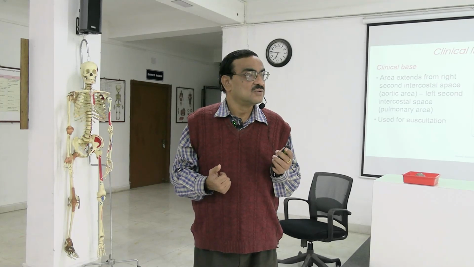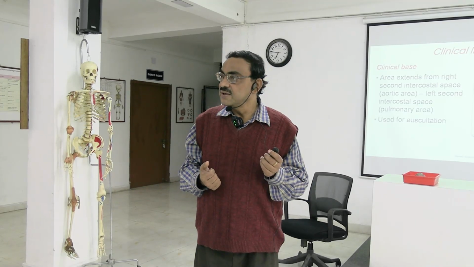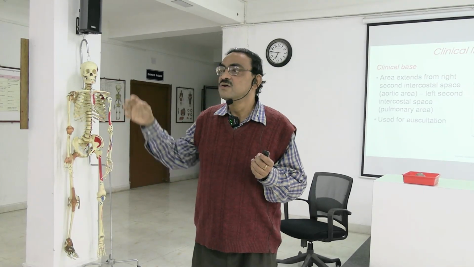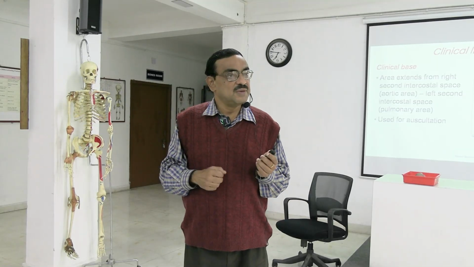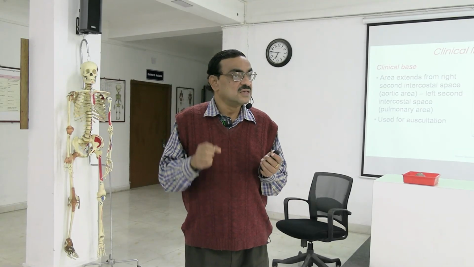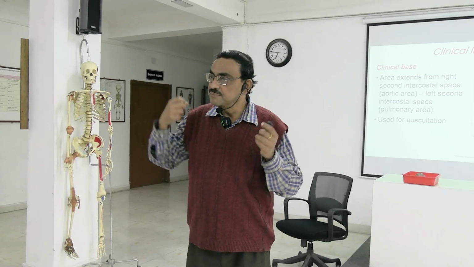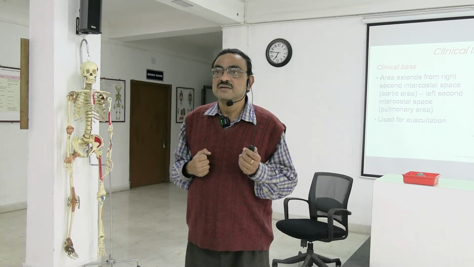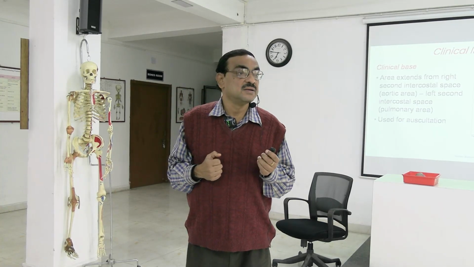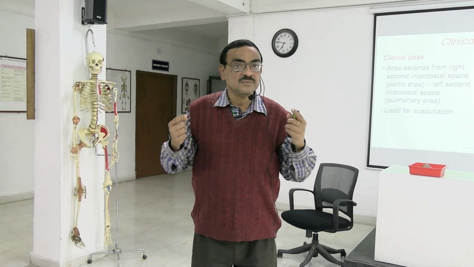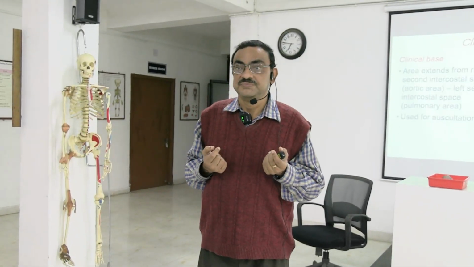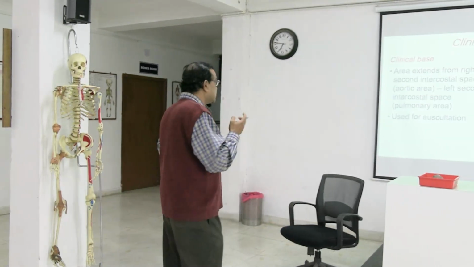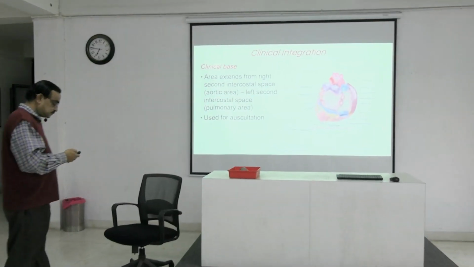Okay. In aortic stenosis, on the aortic area, you will get a murmur. If there is pulmonary stenosis, the physician can hear a murmur with the help of a stethoscope. So that is the clinical area.